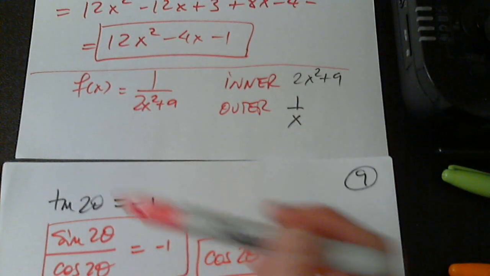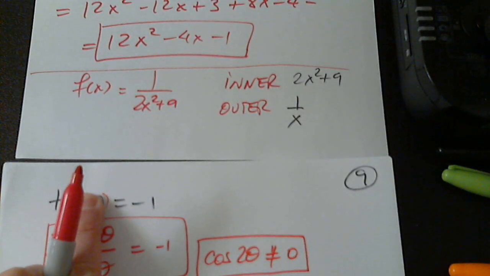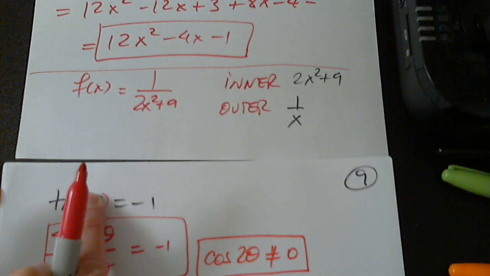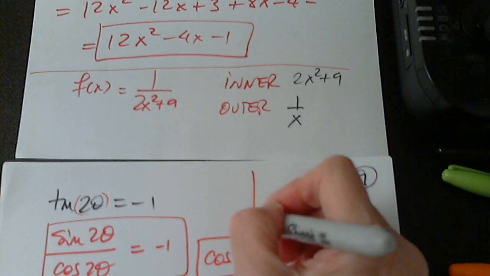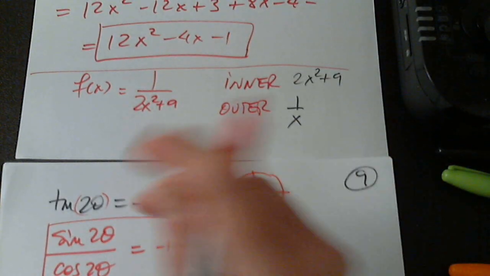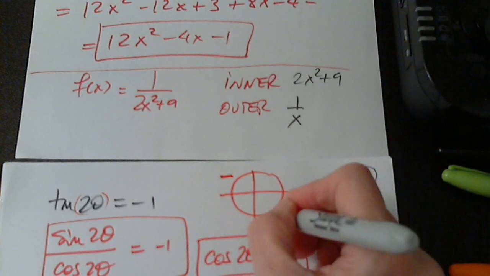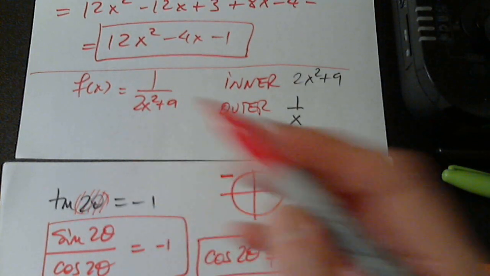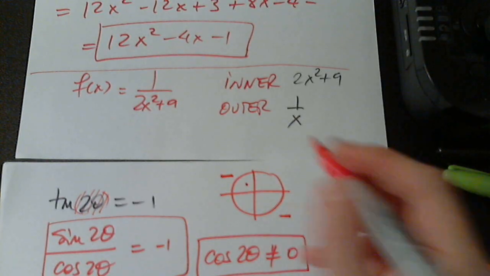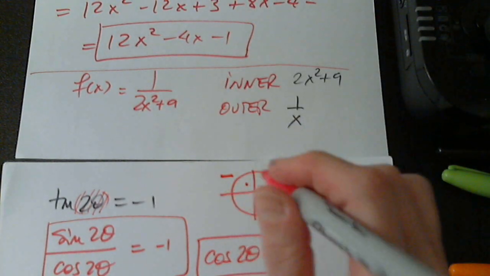Now, we look at this angle, and we're told the tangent of this angle is -1. There are two possibilities, because tangent is negative here and it's negative here. So 2 theta can be an angle in the second quadrant or an angle in the fourth quadrant. And we have to find both.